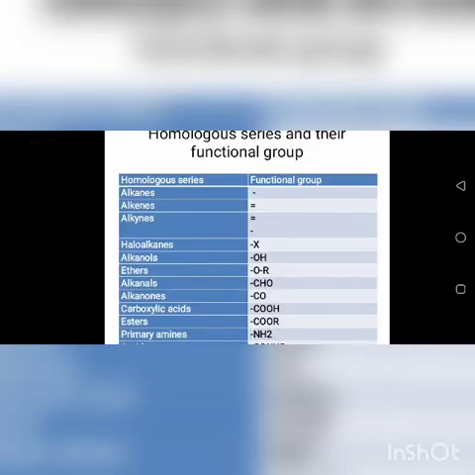These are different families and their functional groups. We may ask you, what is the functional group of alkanol? What is the functional group of carboxylic acid? You must know the organic compound of each homologous series with their functional group, because it is the functional group that we use to recognize them. For instance, alkanes have single bonds, alkenes have a double bond, and alkynes have a triple bond.